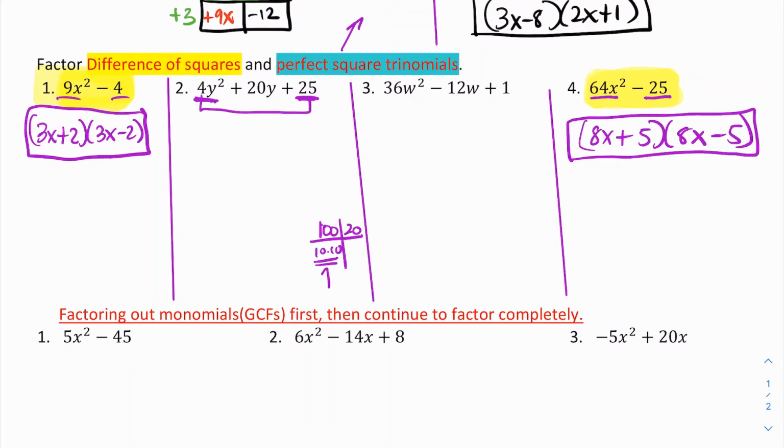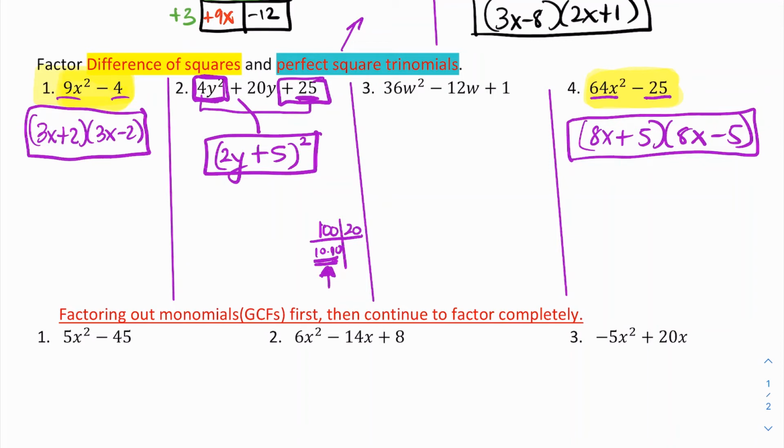As soon as you see that, and there's other ways to do this, but if you make a table and the first and last term are perfect squares, and you notice that the two factors are exactly the same number, okay, then that means that this is a perfect square trinomial, which means that I could write this with the square root of this one and the square root of that one, and then whatever sign this is, and squared.